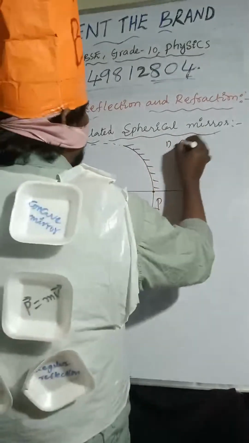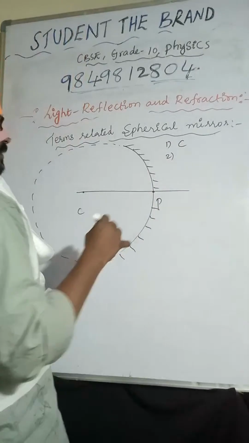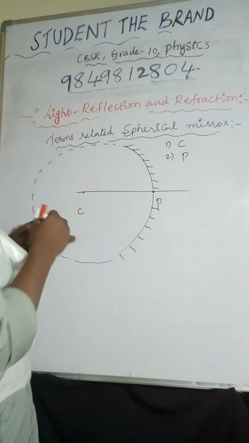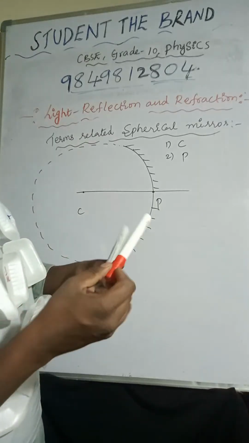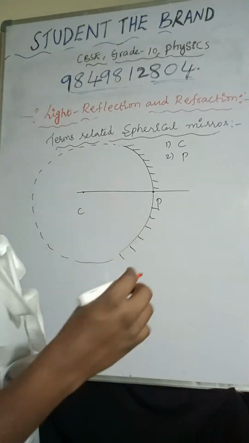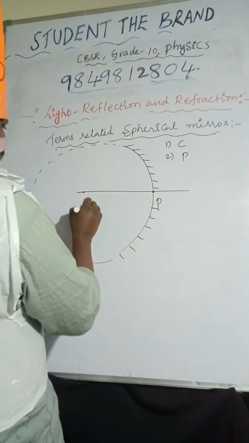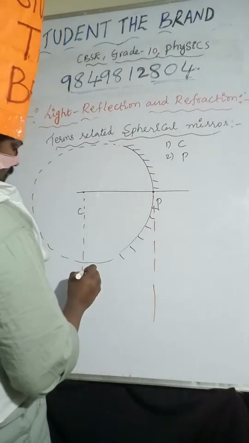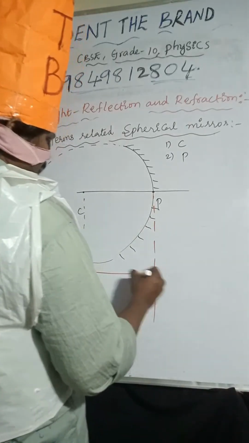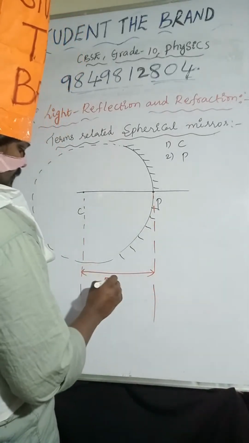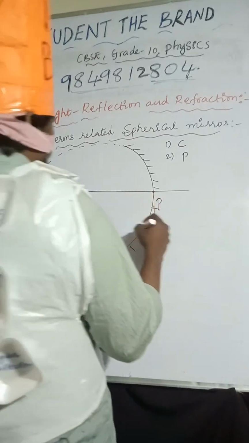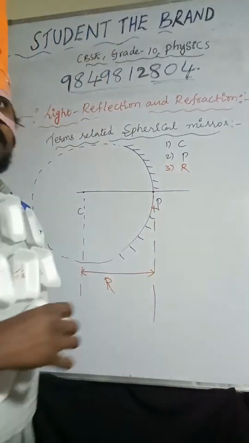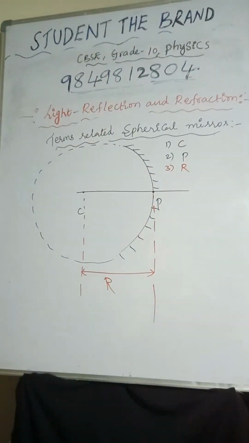The center of the imaginary sphere of which the mirror is a part is the center of curvature, and the midpoint is the pole. The distance between the center of curvature and the pole is called the radius of curvature.